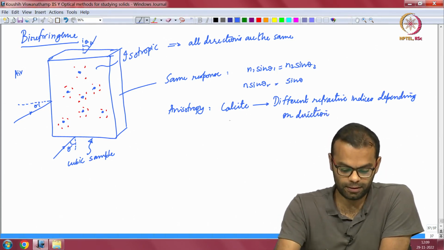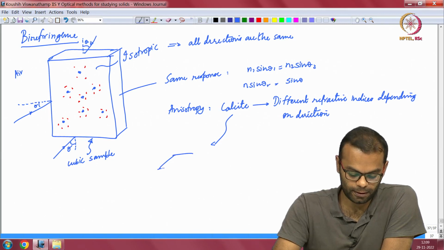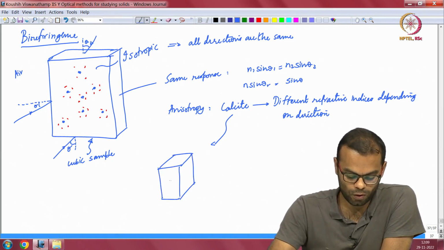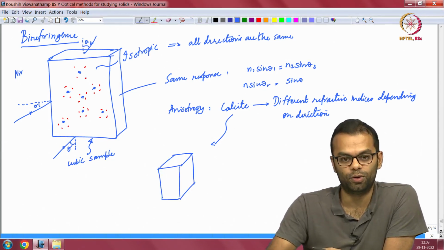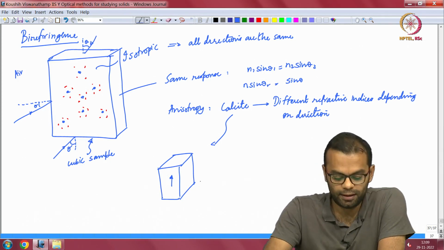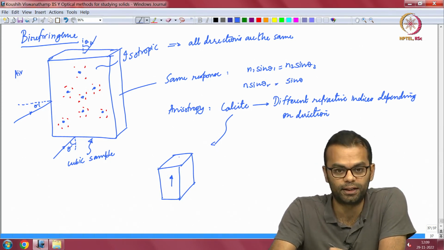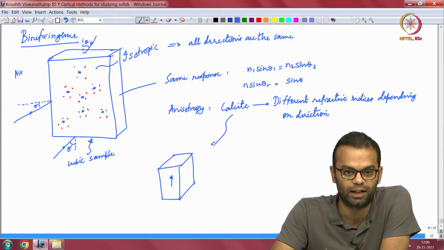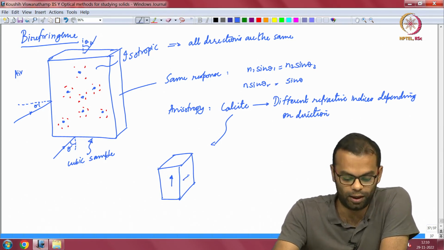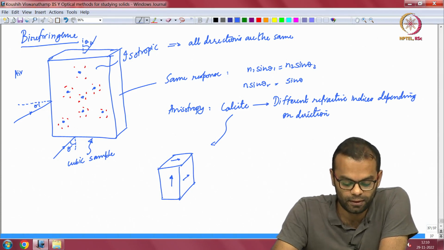So, for example, a crystal of calcite will have one particular direction. It does not have to coincide with this, it could be this direction for example, in which light coming in, or polarization in this direction, or electric field in this direction, will have a different retardation versus electric field in this direction or this direction.